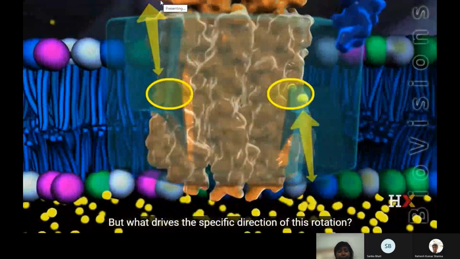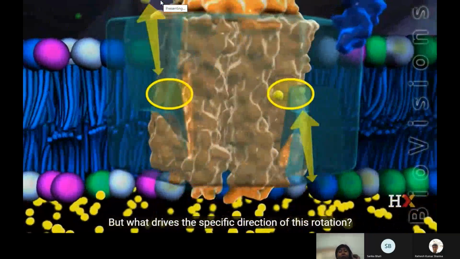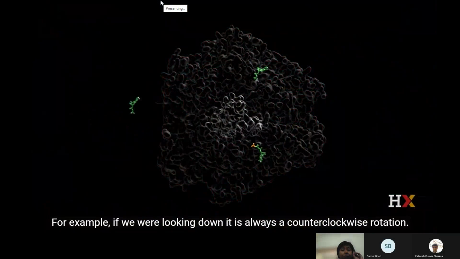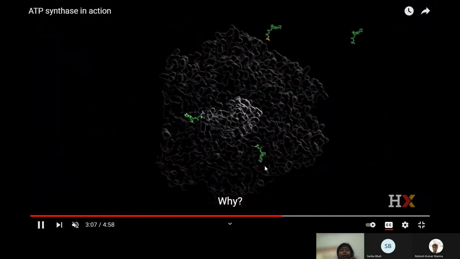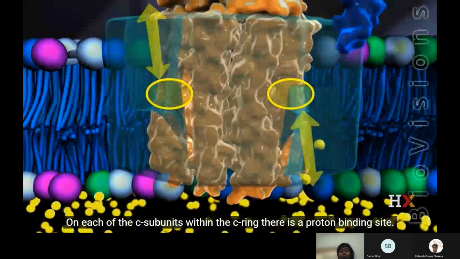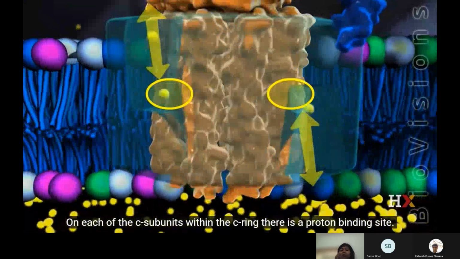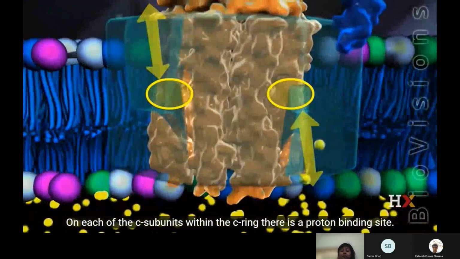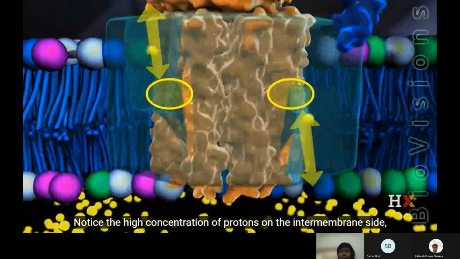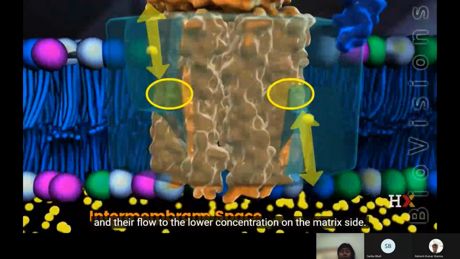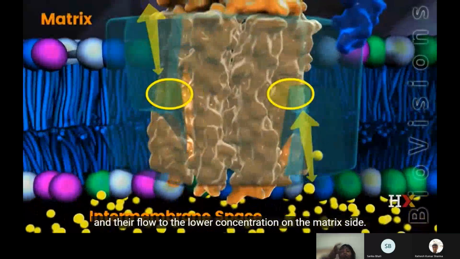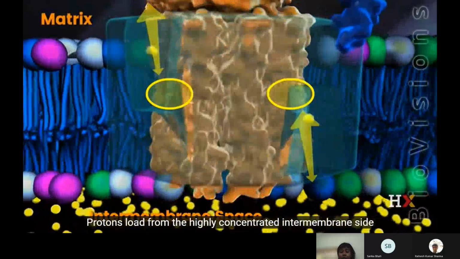We know some amino acids that are part of it. We know that one aspartic acid residue is very important in this catalysis. And what the proton movement causes is a counterclockwise rotation of this motor. Counterclockwise rotation of the motor. And the counterclockwise rotation of the motor is translated into a counterclockwise rotation of the associated stalk.